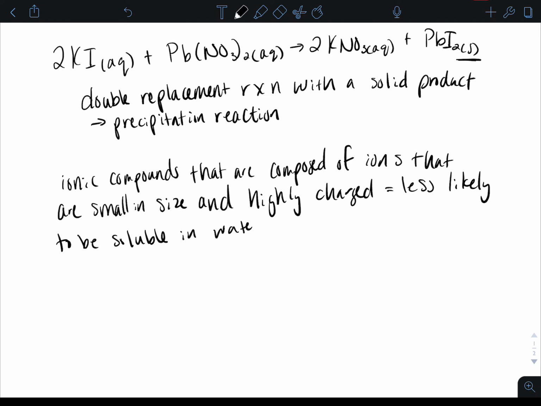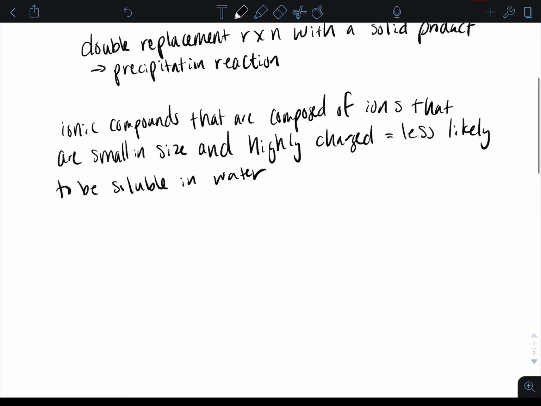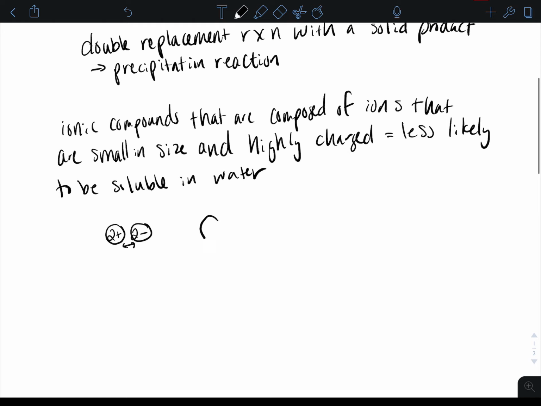That's because there is a very strong interaction between the ions that is hard to break, unlike larger ions that do not have as much interaction between the particles.